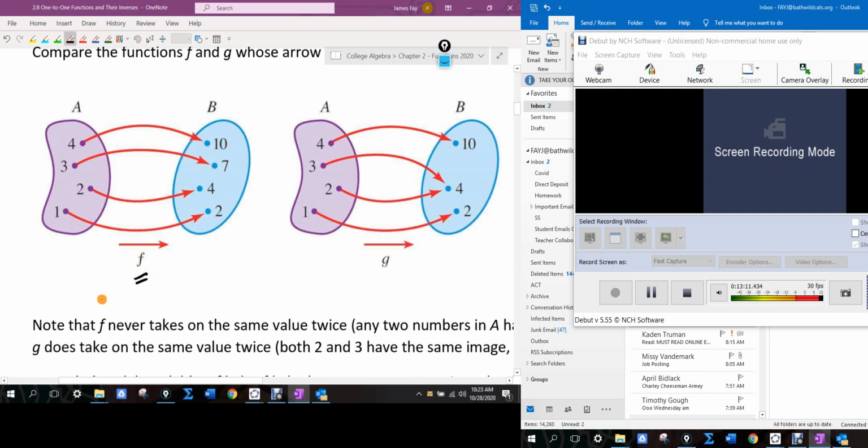Now my question is, everybody look at the x value that goes with that y value of 2. Is everybody looking at the same x value? Everybody's looking at 1, right? What if I say everybody look at the x value that goes with the y value of 4? Is everybody looking at the same x value? Yeah. Is that the same situation if I ask you to look at 7 or 10? Everybody's looking at the same x value, right?